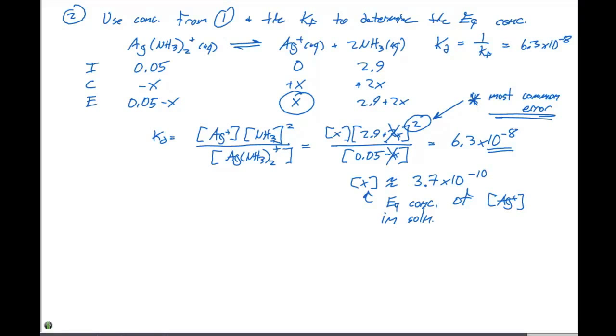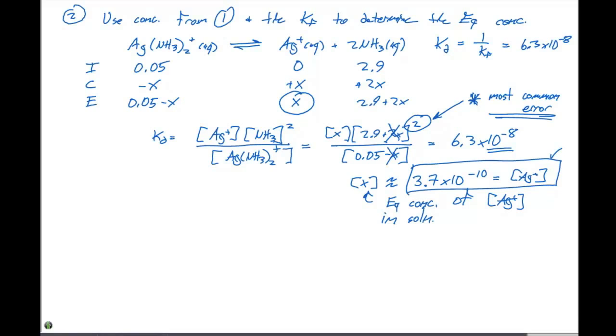And if we think back to how I posed this problem, we asked for the concentration of silver ions in solution. So this 3.7 times 10 to the minus 10th is going to equal our silver plus. So this is what we were looking for.